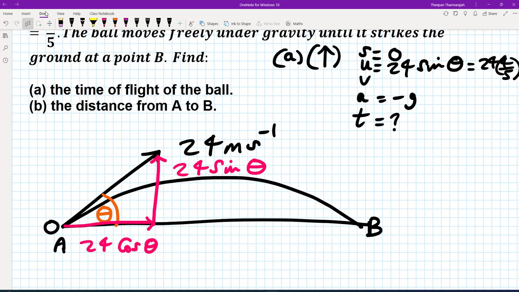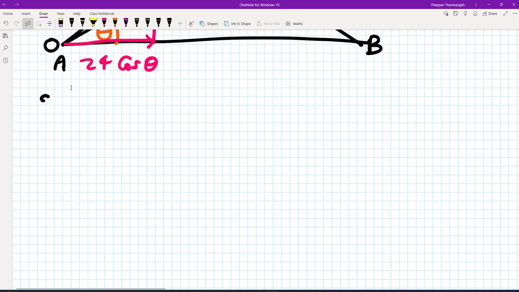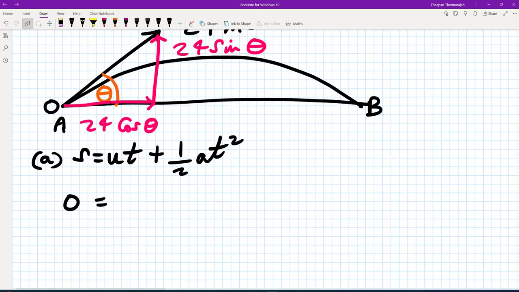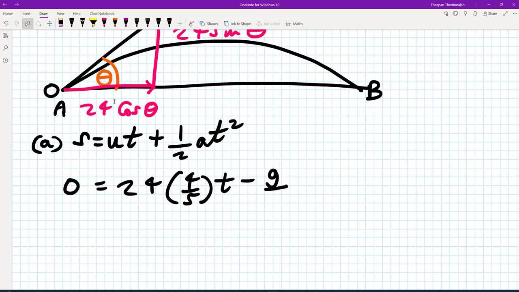And that's everything that we have. So the suvat equation we're going to use for part A is s equals ut plus a half at squared. So it ends up at 0. Now u is 24 times 4/5 of t minus g over 2 times t squared.